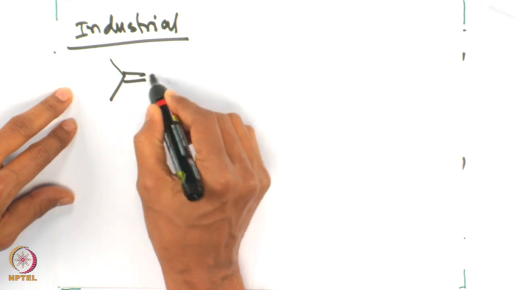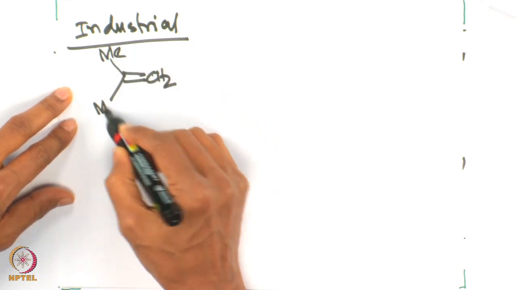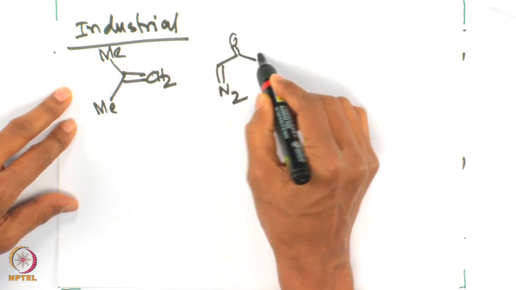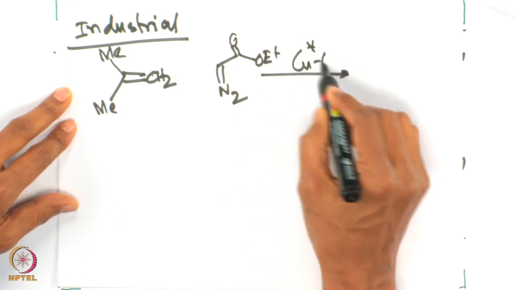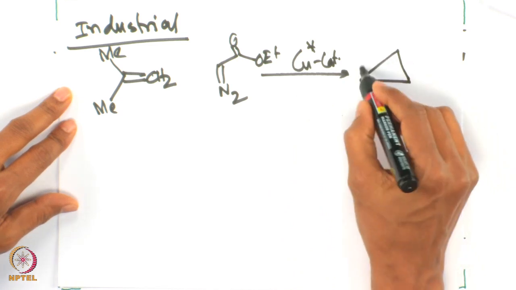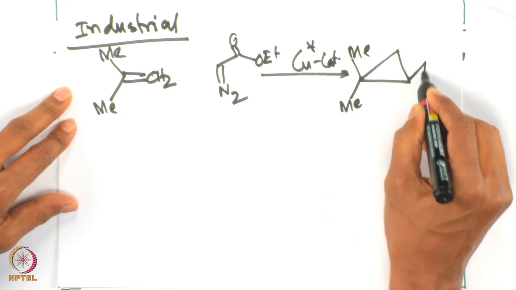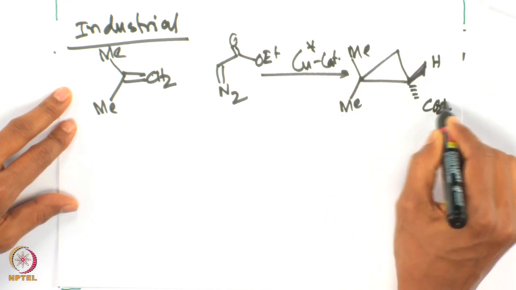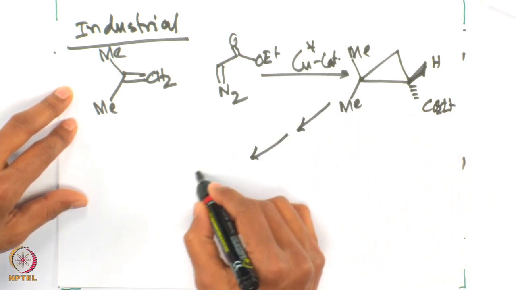In industry, this is a quite popular reaction, where a diazo ester is used in the presence of a copper chiral catalyst to get this intermediate, which is an advanced intermediate for a drug that all of us are familiar with, that is in the market, called cilastatin.